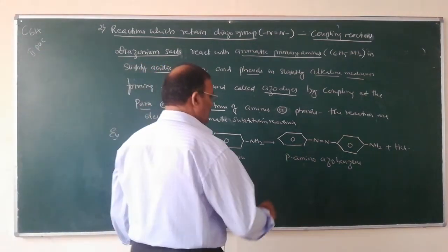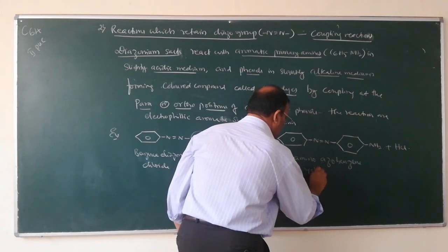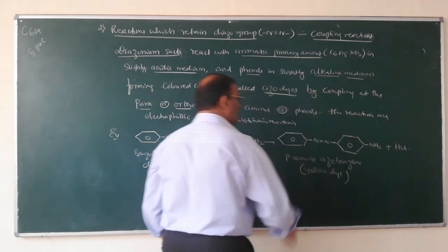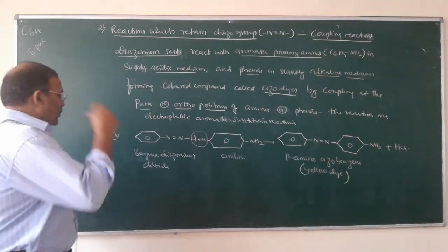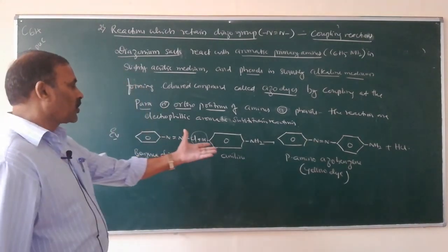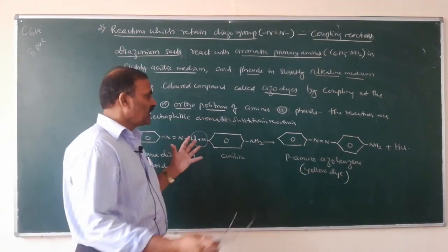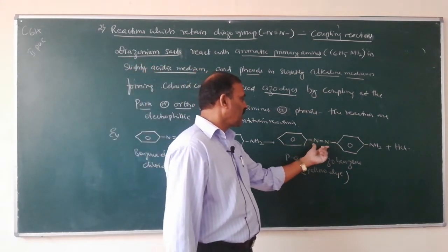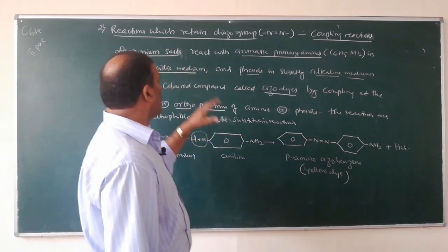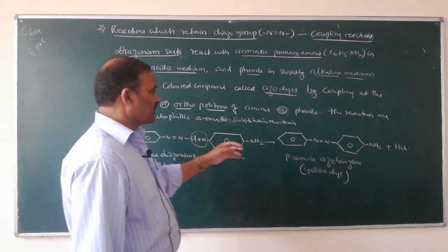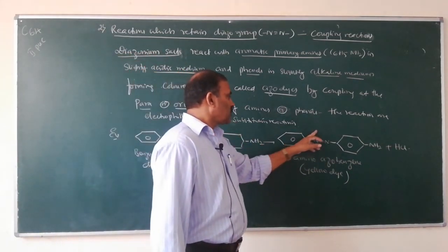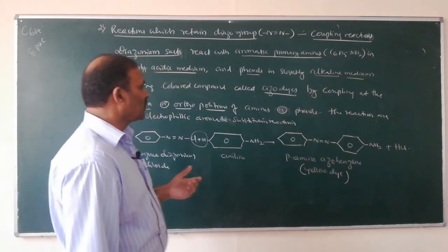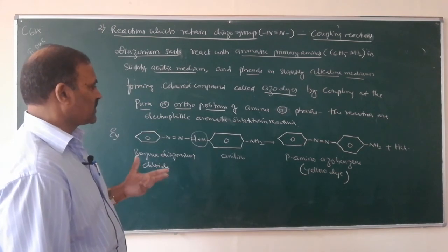Its color is yellow; it is a yellow dye. These are all called coupling reactions because these two benzene rings are coupled with each other by a diazo group. In these reactions, the diazo group has been retained.